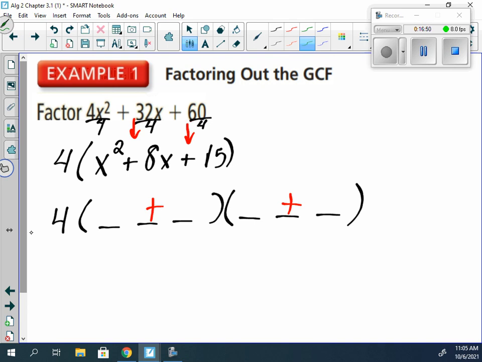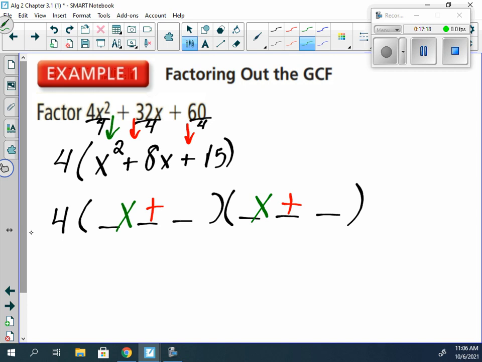Okay. Any questions on this so far? Now we're on to step 4, find the factors of the first and third term. So our first term is x squared. Well, what's the factors of x squared? x and x. Are there any others? No, if there's only one set of factors, we will just go on and plug it in.